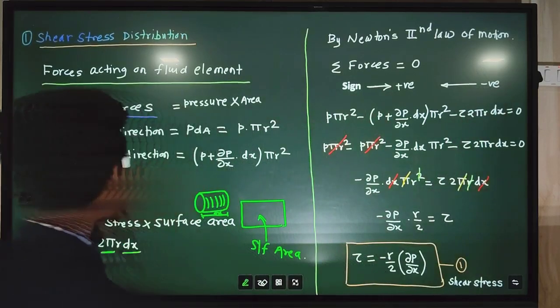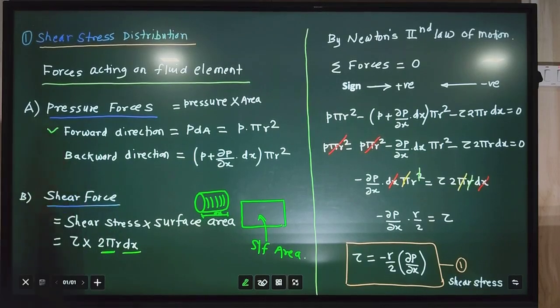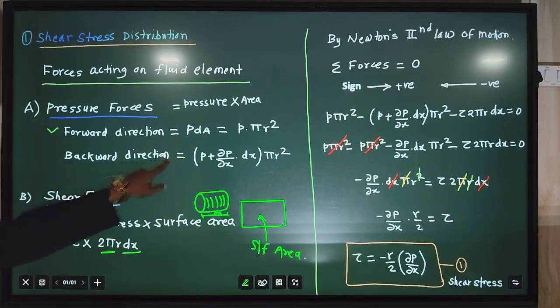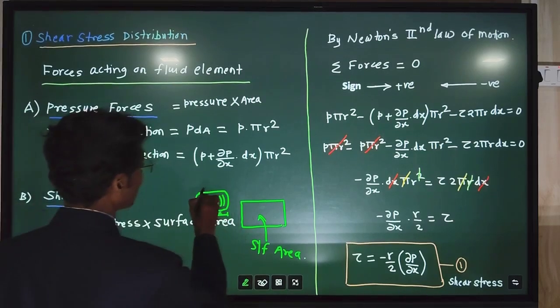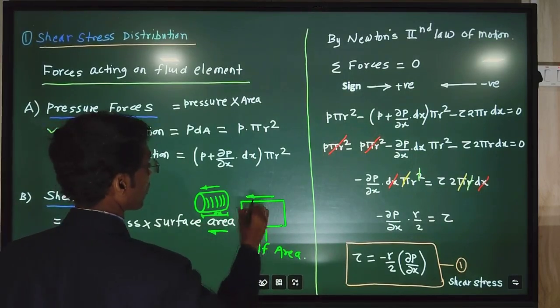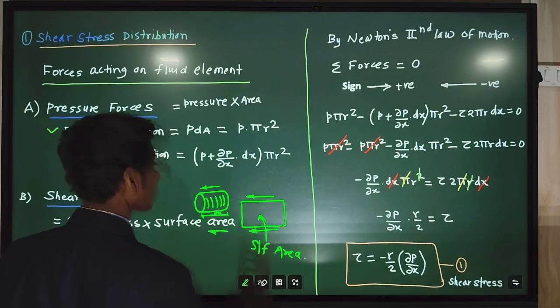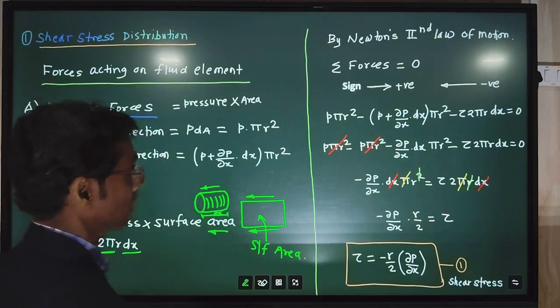So here the pressure force, this force, is positive because it is in the forward direction, and the other force, the second force, is in the backward direction. Also the shear force, which is acting on the element, is opposite to the direction of flow. So that is why it also has a negative sign.